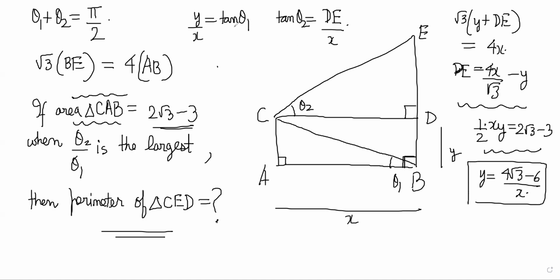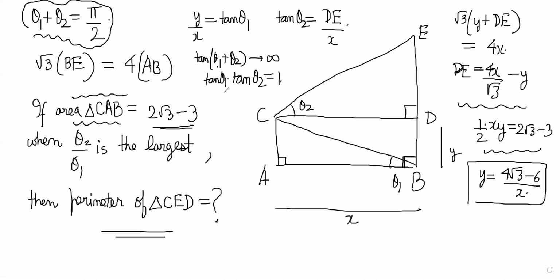Because we know theta 1 plus theta 2 is pi by 2, when you take tan of theta 1 plus theta 2, it should tend to infinity. That means tan theta 1 times tan theta 2 should be equal to 1.